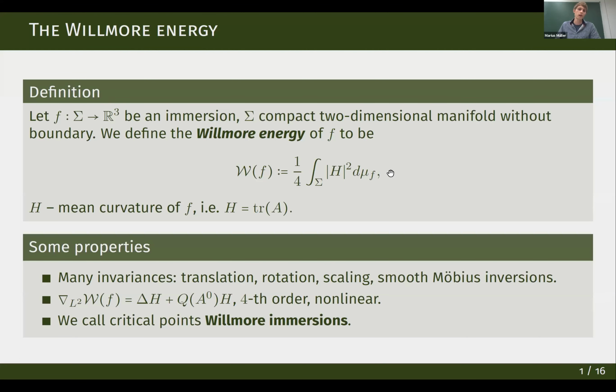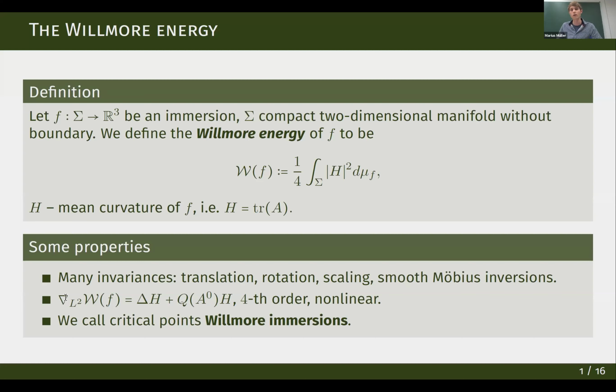And since we will be considering the L2 gradient flow, we should actually compute the L2 gradient once, even though it won't matter too much throughout the talk. So the L2 gradient of this Willmore energy is the Laplacian of the mean curvature plus a nonlinearity, again involving curvature terms.